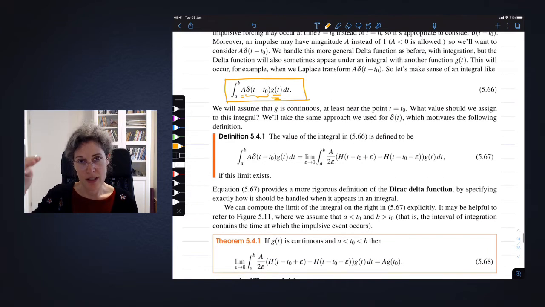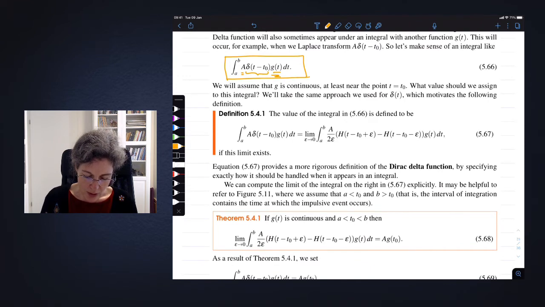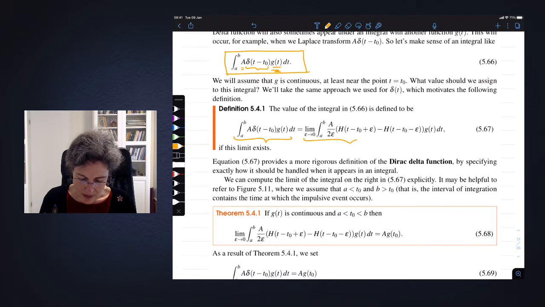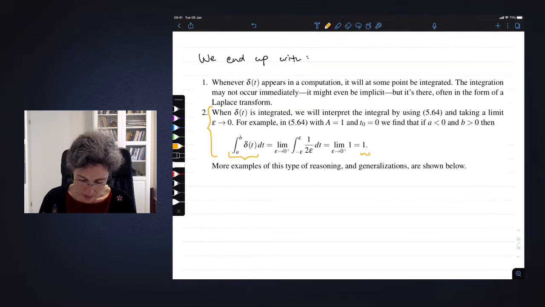And using the idea from the previous slide where we said the Dirac delta integrates to 1, we can work out that if we integrate this thing over here, it is defined like so.